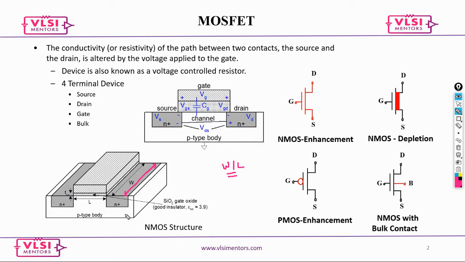Say this is your front view and this is your side view. We discussed that this is treated as L. It's called poly length, or people also call it gate length. And the width.